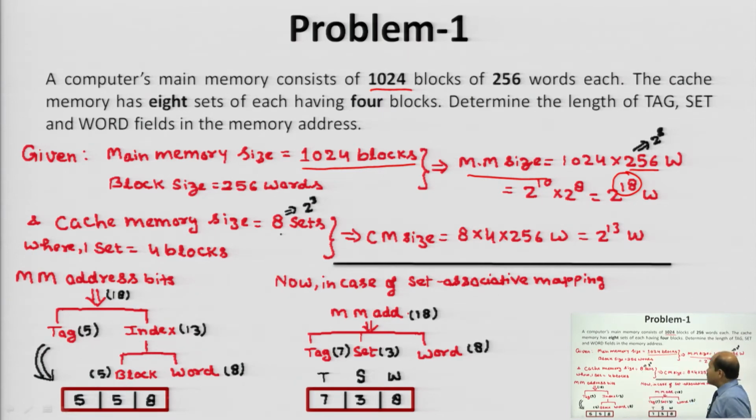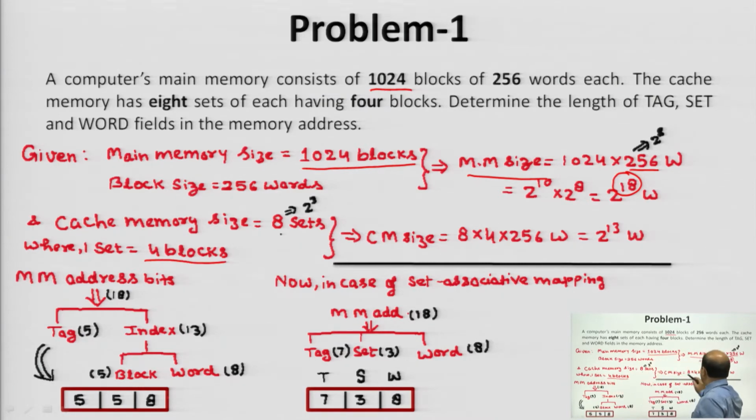Now, second part of this numerical: the cache memory has 8 sets, each having 4 blocks. That can also be converted into number of words, because one set is equal to 4 blocks and there are 8 sets. So, cache memory size is 8 sets, that means 2 to the power 3, and one set equals 4 blocks.